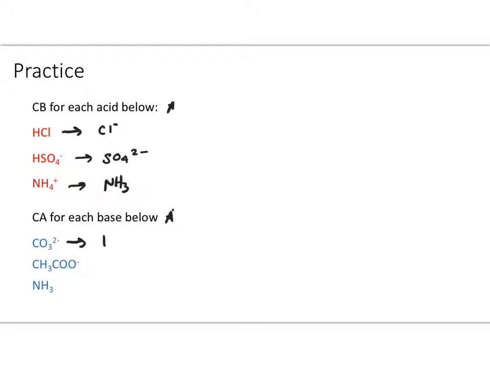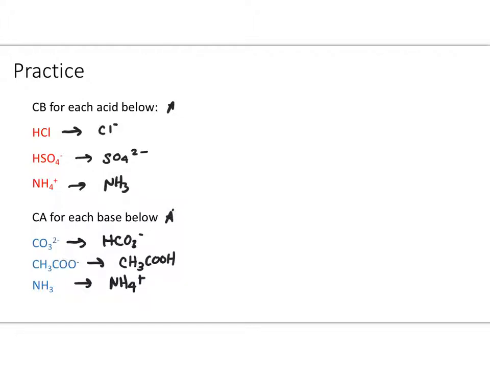So remember, the proton has an H+ charge, so our carbonate ion is going to become bicarbonate. Right, notice the charge change. Now we've added an H+ ion. In this example, the acetate ion is going to pick up a proton and give us acetic acid. And of course, in the case of NH3, we're going to go to the ammonium ion.